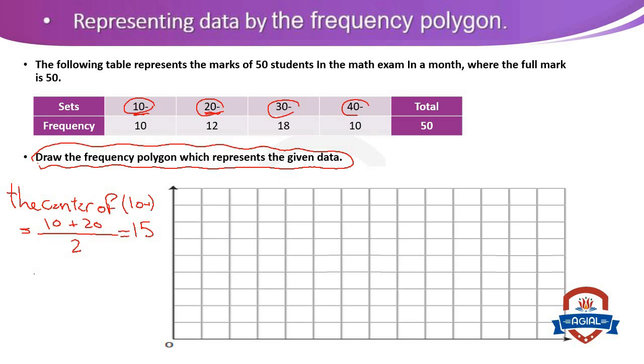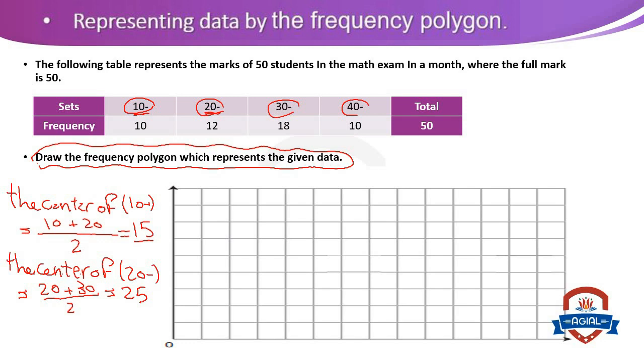So we can say the center of the first set is 15, and the center of the second set, the set 20, equals 20 plus 30, all divided by 2, so we have 50 divided by 2 equals 25.